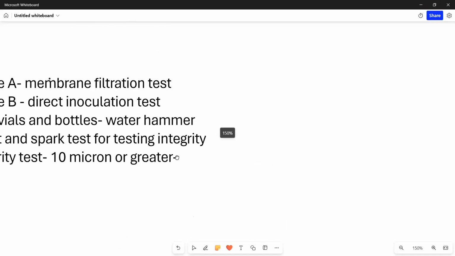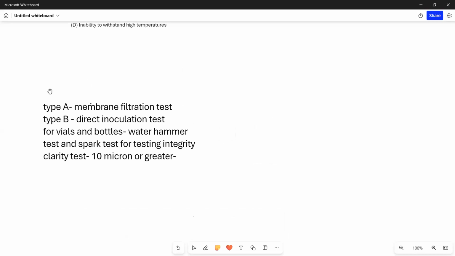Can anyone say? Great, 50 particles per ml. Great.